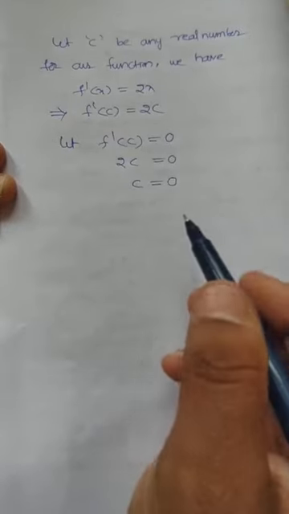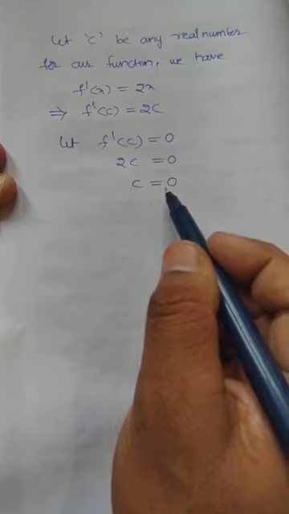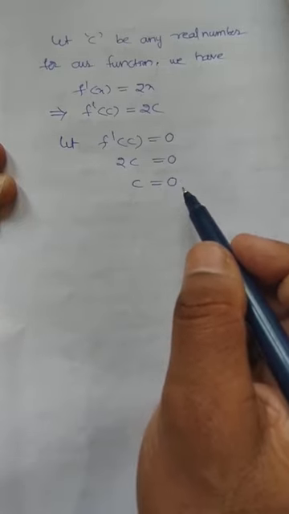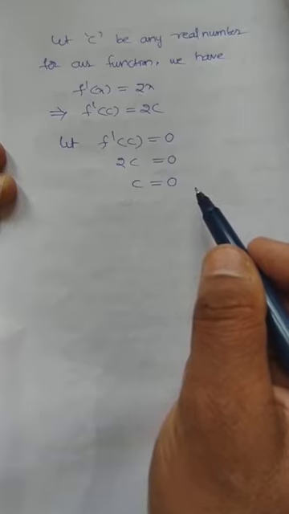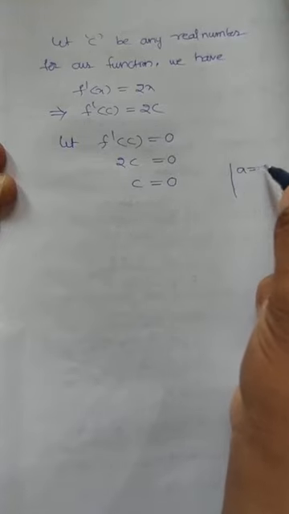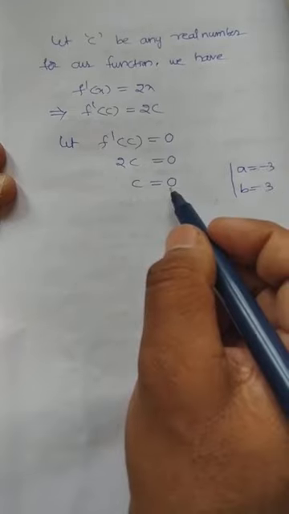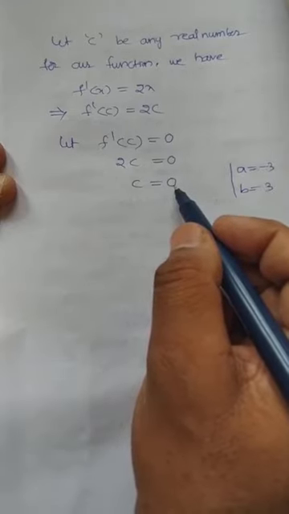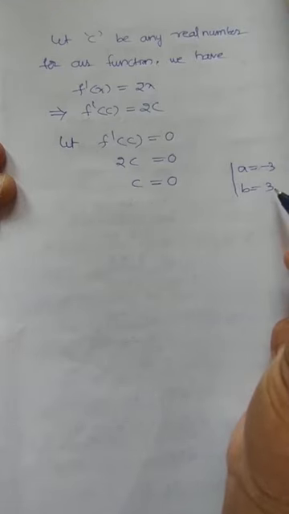Now you have to verify that the observed value of c is lying in the open interval a comma b or not. What is our a here? -3. What is our b here? 3. So what is our c here? 0. So does the 0 value lie in between -3 comma 3 or not?